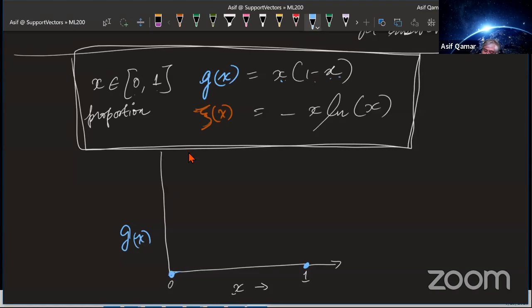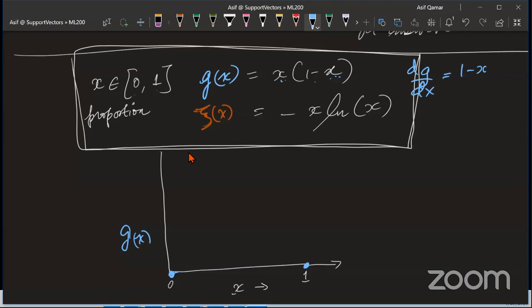Now if you look at this function, it's very interesting. Those of you who know calculus can just directly do it. You would know that G prime, that is dg/dx, and you don't have to know calculus by the way, is equal to 1 minus x minus x, that is 1 minus 2x.